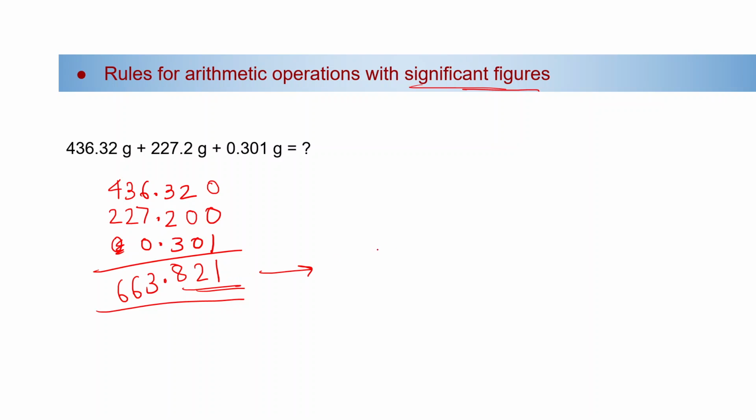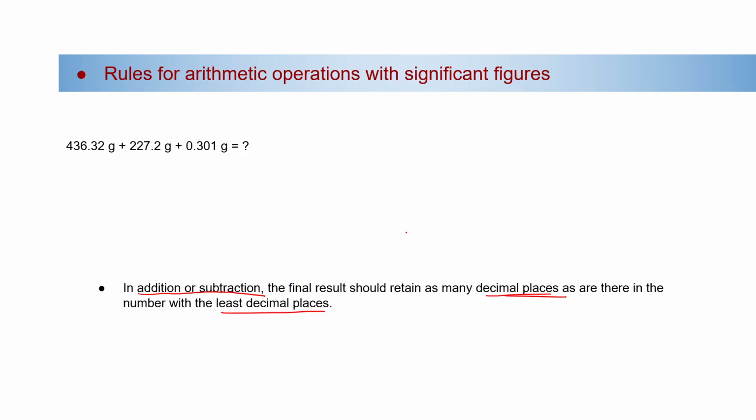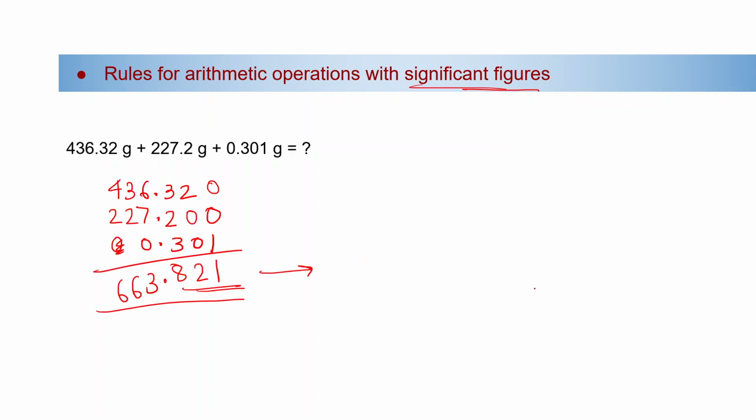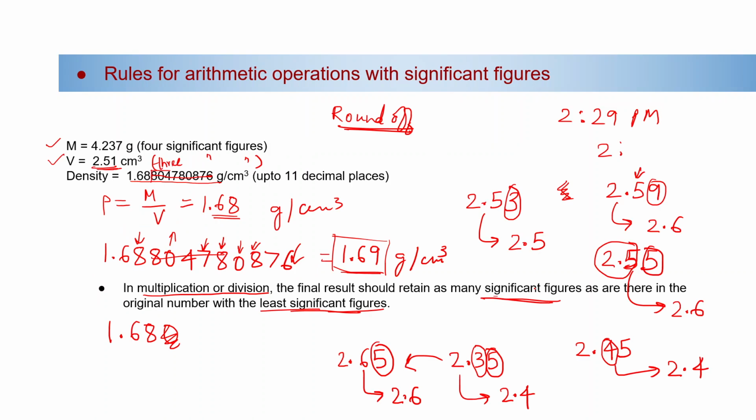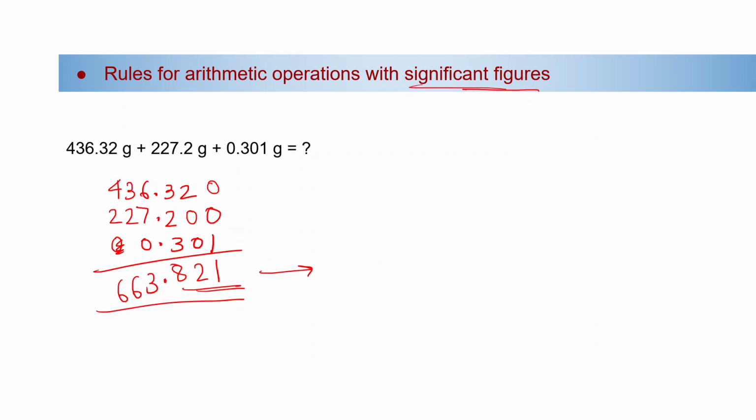We are not talking about significant figures here, be careful. For addition and subtraction, the rule talks about the number of decimal places. In multiplication and division, we were talking about the number of significant figures, but in addition and subtraction, we are talking about the number of decimal places.